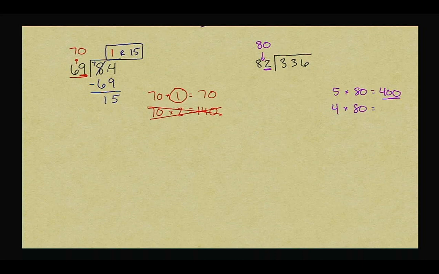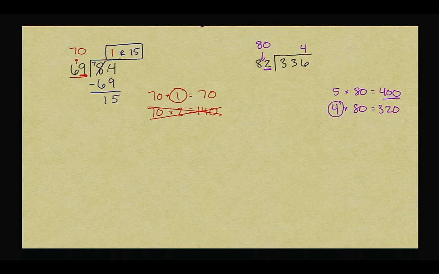Well, 4 times 8, let's see, 8, 16, 24, 32. So if 4 times 8 is 32, that means 4 times 80 must be 320. So that's going to be the number I want, since 320 is close to 336, but not quite. So I'm going to put my 4 there up in the top.